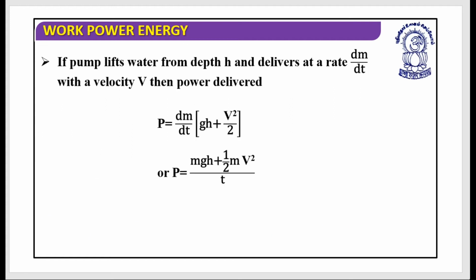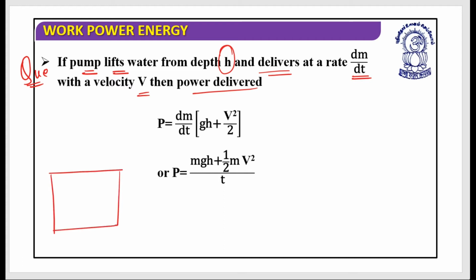So let's move to the next application. It says that if a pump lifts the water from depth h and delivers at a rate of dm by dt with a velocity V, then find the power delivered. Yes, a very good application. That is something like this: let's suppose a well kind of thing would be there, where water has been stored in underground tanks.